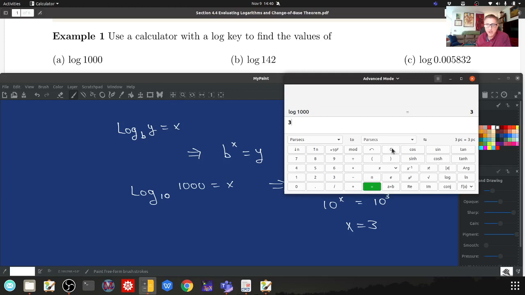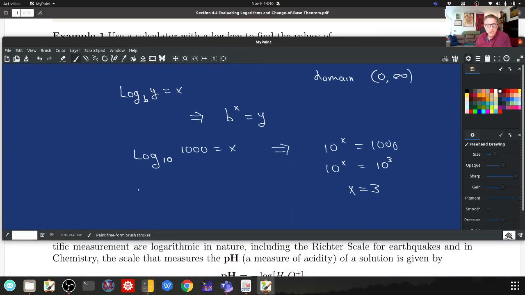Let's do this next example. Let's take the log, not natural log, but log to the base 10 of 142. Let's again think about that. The log of 10 is equal to 1. Log of 100 is equal to 2.